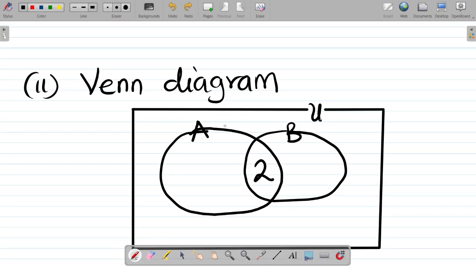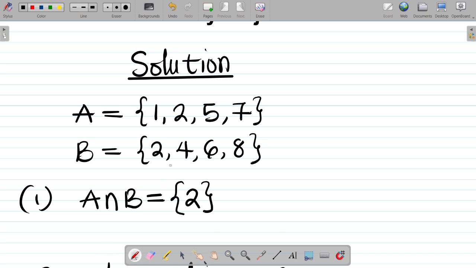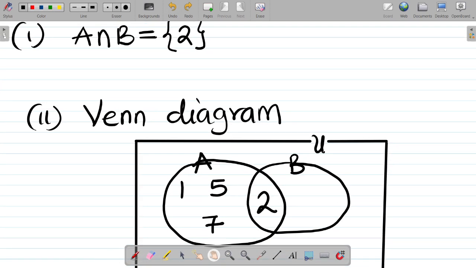For B, aside from 2, B still has 4, 6, and 8, which are exclusive to B. So under B, I'll write 4, 6, and 8.